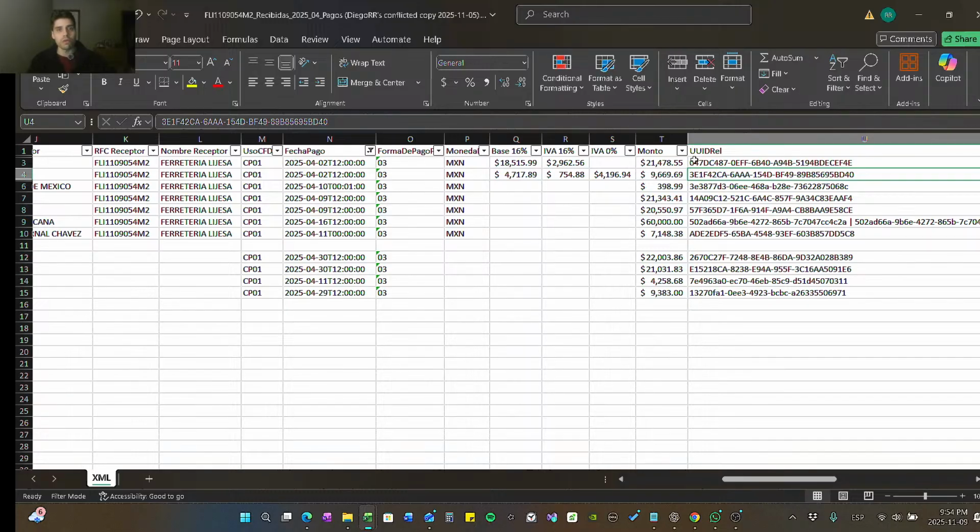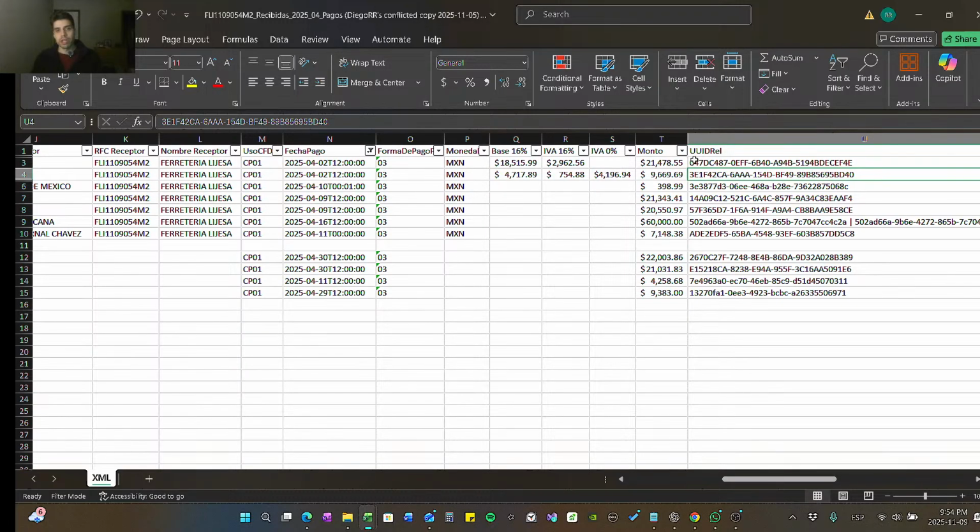Option A is to download from the IRS, the Mexican Tax Revenue Agency servers, all the different invoices that were issued or received in a specific period of time, and then tell my automation script to go and look for those invoices that have a related identifier between one another.